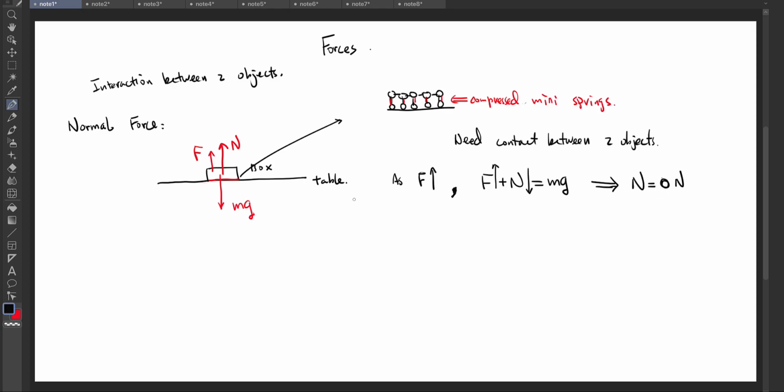So that is the case when there's no compression on the surface. And then there's no deformation of the chemical bonds that we talked about earlier. Therefore, there's no reaction from the mini springs. And that's why there's no normal force. Okay, and that is the situation or the point we call losing contact.